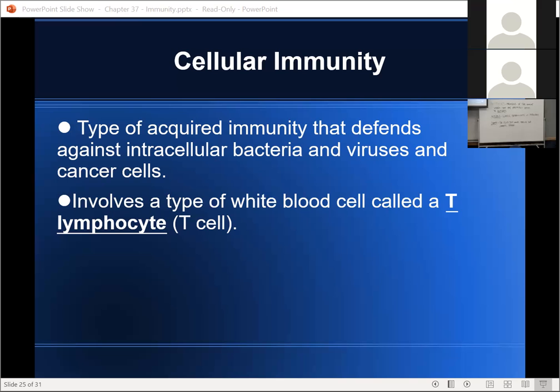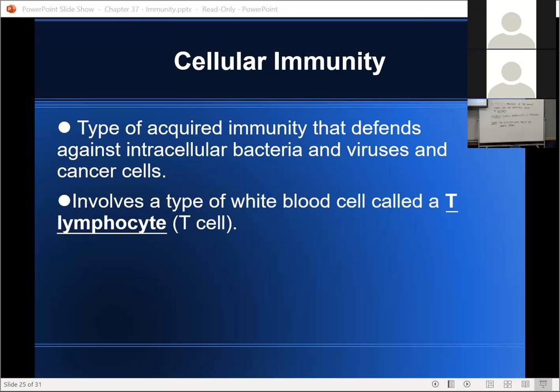Okay? Similarly, some bacteria are intracellular pathogens. You guys might be familiar with the bacterium that causes Lyme disease. Okay, that gets right inside of your cells. Now, antibodies can't do anything about that, so we need cellular immunity in order to take care of these pathogens that get inside of the cells. Okay, so this is the type of acquired immunity that defends against intracellular pathogens. That means pathogens that get inside your cells.